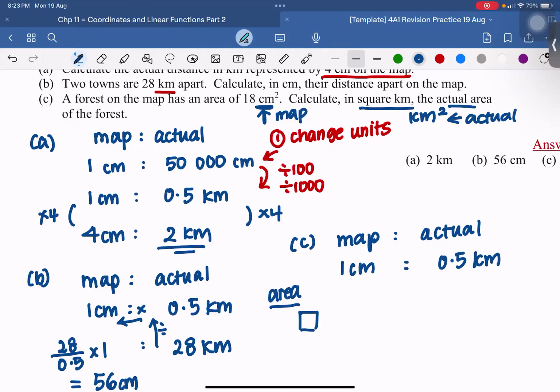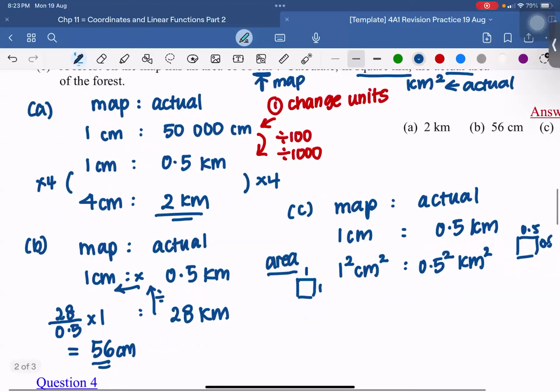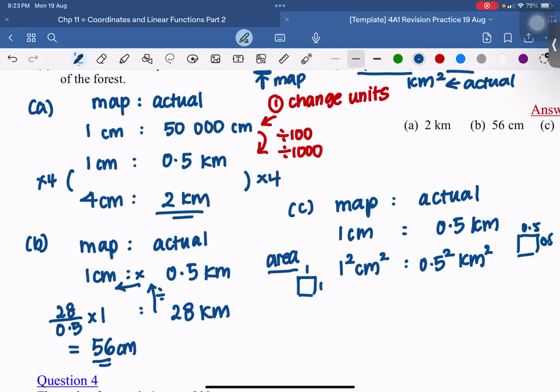So imagine you have a square unit, 1 cm, 1 cm. The area will be 1 times 1, right? Which is 1 cm square. Then this part over here will be 0.5, 0.5. The area will be 0.5 kilometer square. Okay, the next step over here is to work out the number. 1 square, 1 times 1 is 1.